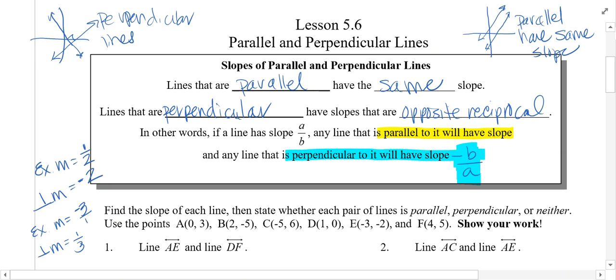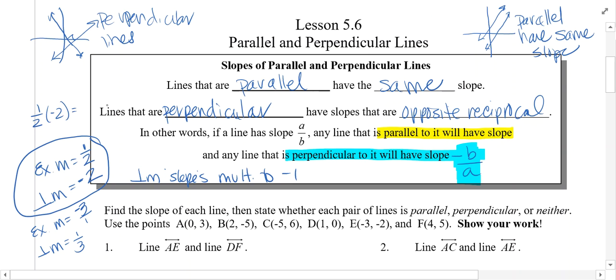Another note is if you're checking if slopes are perpendicular, perpendicular slopes will multiply to -1. Like the example I just gave you, 1/2 times -2, what does that equal?